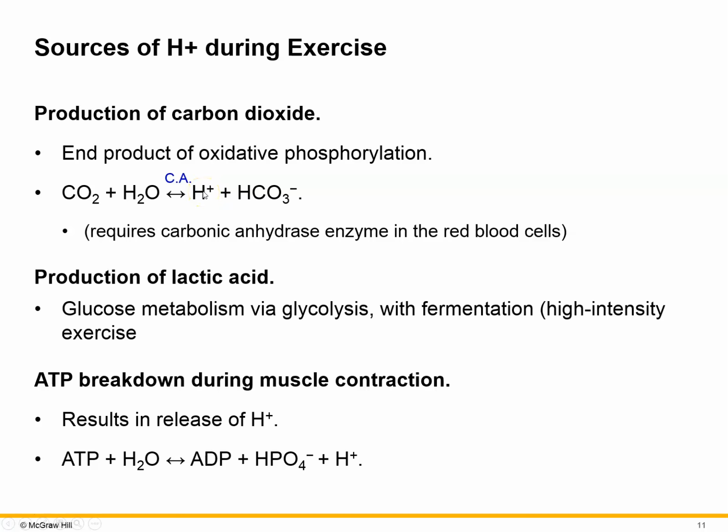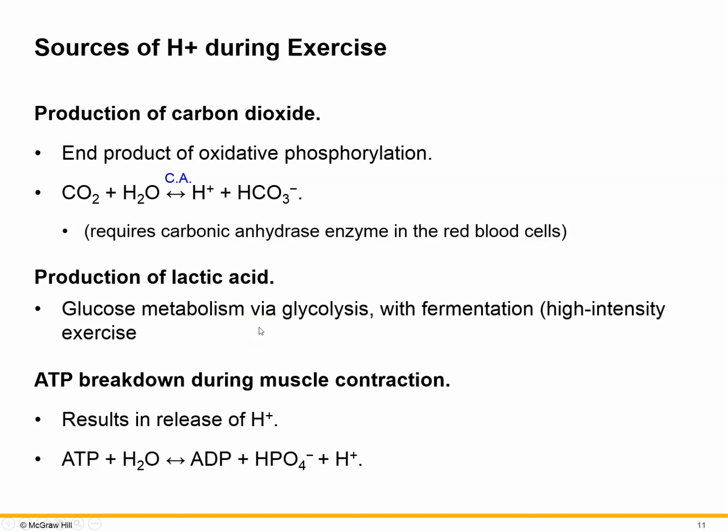More CO2 in the tissues means that the fluid in the tissues is slightly more acidic, and that helps us dissociate oxygen from hemoglobin. Lactic acid, very familiar. We've been talking about that since the very beginning. During high-intensity exercise, we're forced to do anaerobic glycolysis with fermentation, producing lactic acid.